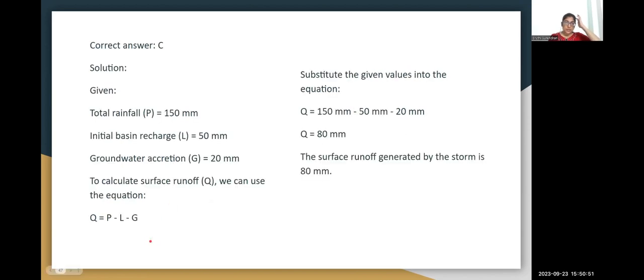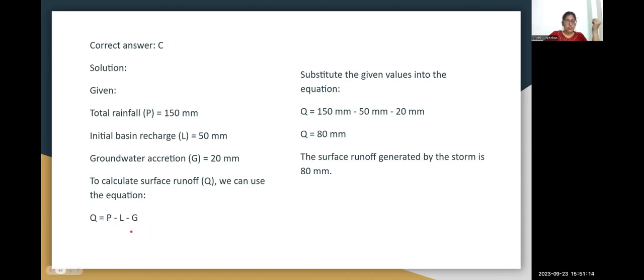Okay. So here they have given that the total rainfall occurring is 150 mm. Initially, the basin recharge occurring is 50 mm. And groundwater accretion, which is again addition of groundwater, is 20 mm. We have been asked to calculate the surface runoff. So we can make use of the equation.